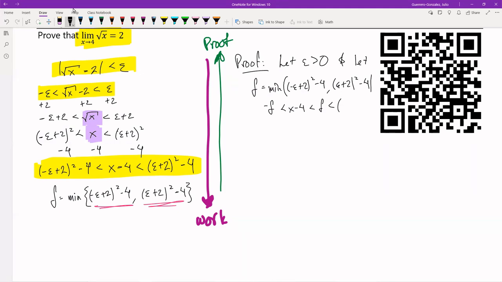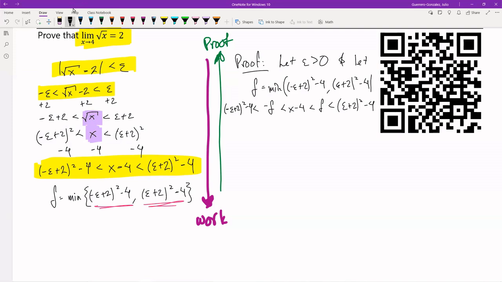It's going to be smaller than, on the top side, epsilon plus 2 squared minus 4, and it's going to be smaller than this right here, minus epsilon plus 2 squared minus 4. Like I said, now the work all goes backwards.